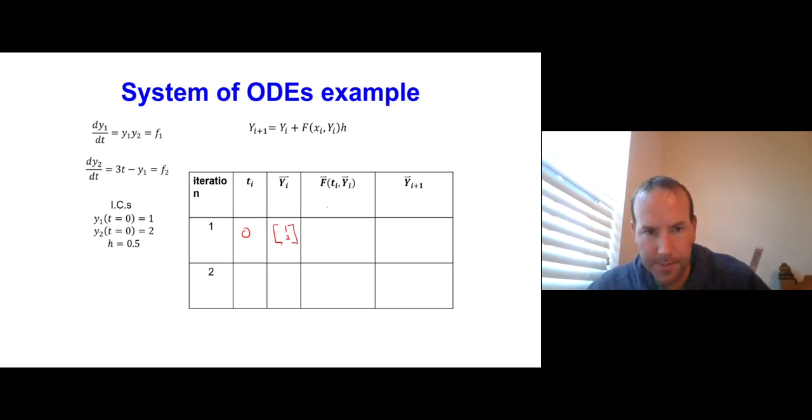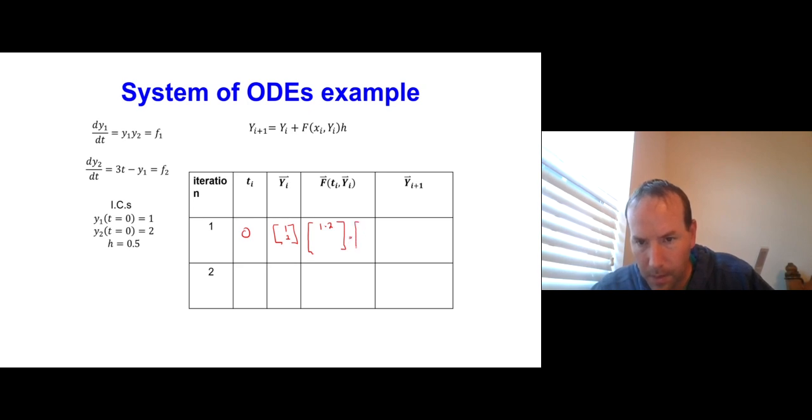So the first one is just going to be 1 times 2, which is 2. And the other one is going to be 3 times t of 0, which is 0, minus y1. So 3 times 0 minus y1, which is 1. So you get minus 1.